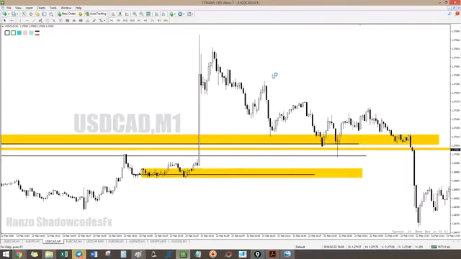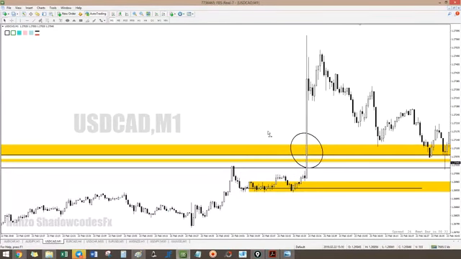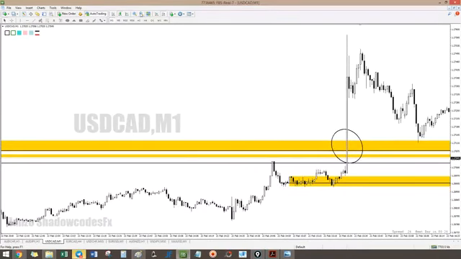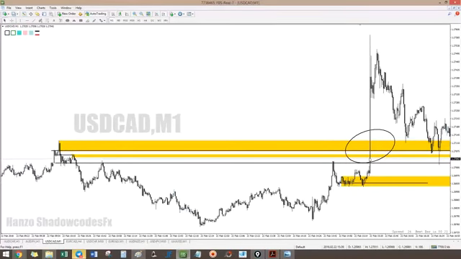But what happened is something like this. If you do not wait for rejection, you will experience a stop loss, or you will float until up here about 48 pips.